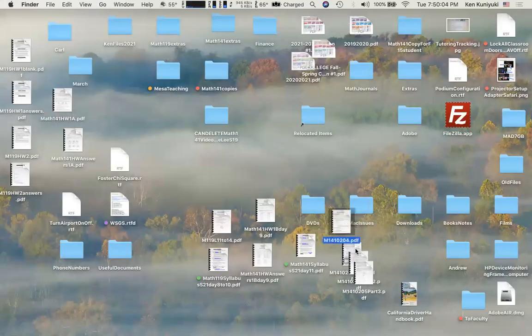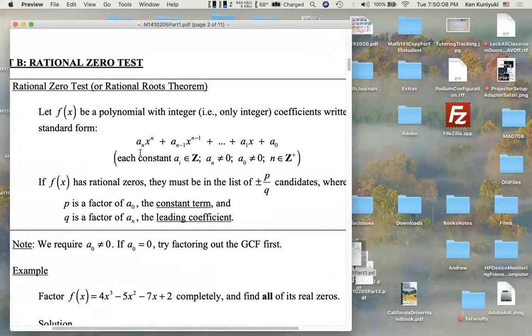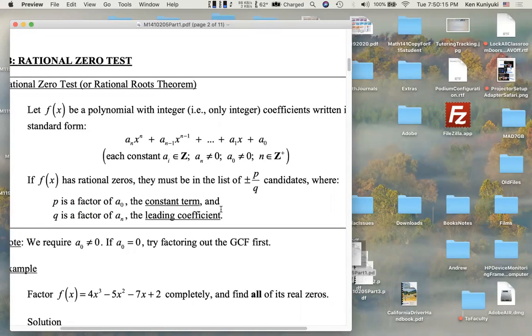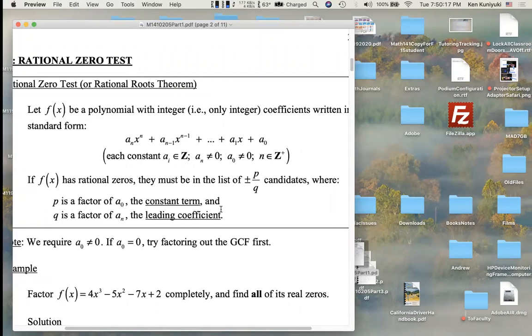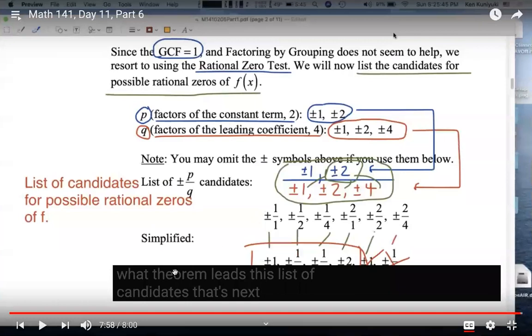Okay, it works for higher degree also. Let me get the specifications here. Of course the leading coefficient's non-zero. Integer coefficients, so no pi's or anything. And the GCF is 1. But it works for 4th degree, 5th degree, and so forth. The list of possible candidates works for 2nd degree for that matter, or first.